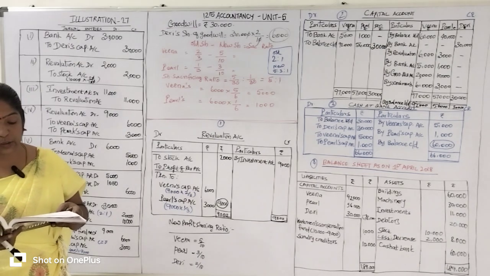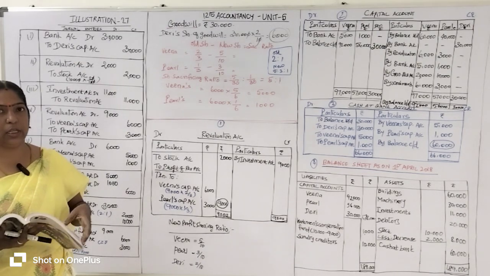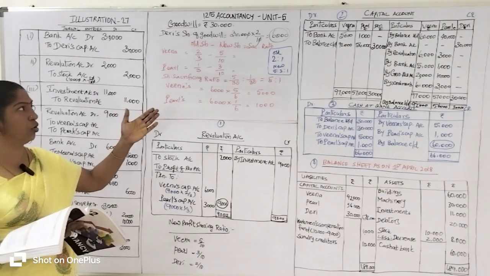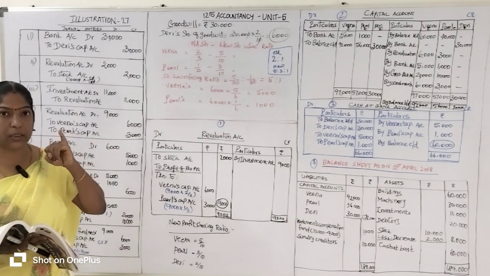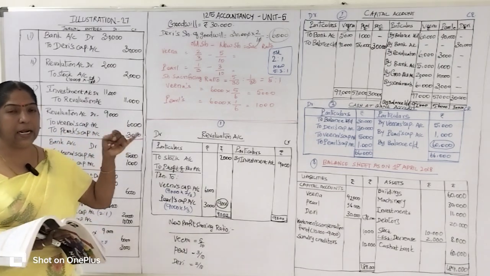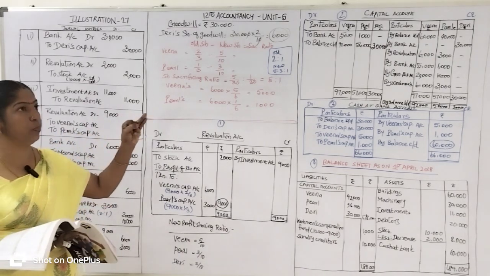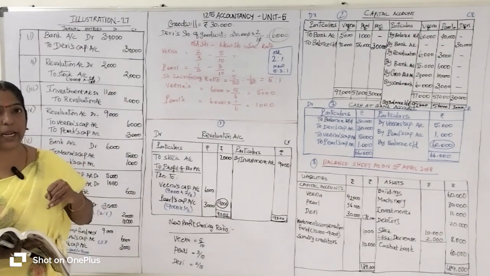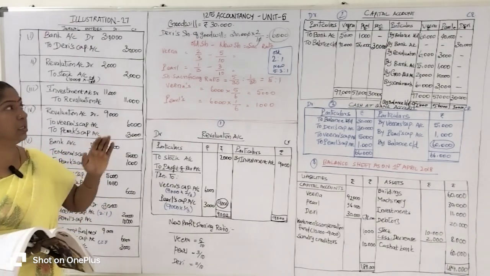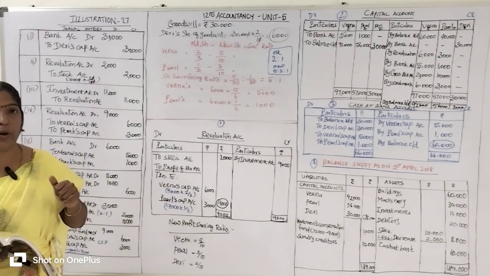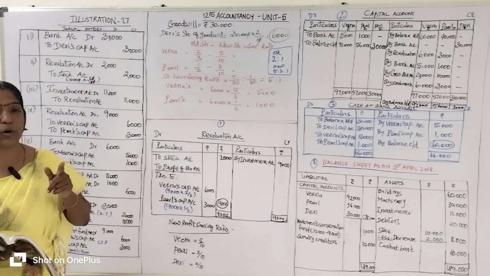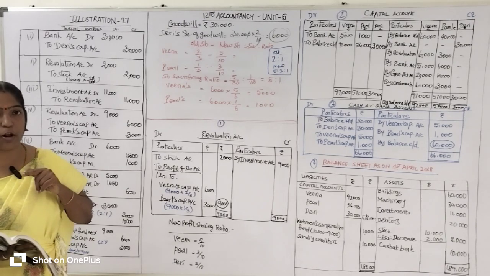He brought cash for his share of goodwill. So his share of goodwill is 6,000 rupees, and the new partner brought 30,000 rupees capital, and his share of goodwill of 6,000 rupees is also brought at the time of admission. That 6,000 rupees will go to the old partners' capital accounts. Why? Because the old partners sacrifice their share of profit.